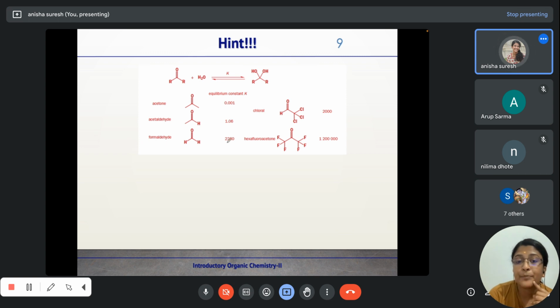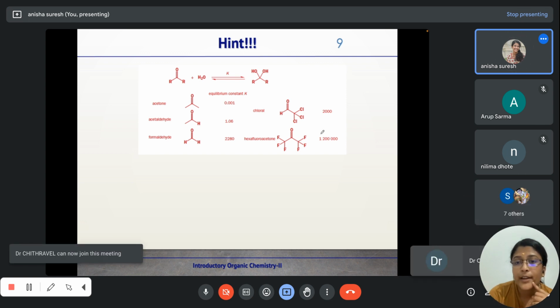For formaldehyde, it will be 2280. In chloral, that is, one hydrogen and CCl3, it will be 2000. Hexafluoroacetone, with CF3 on both sides, it will be around 12 lakh.